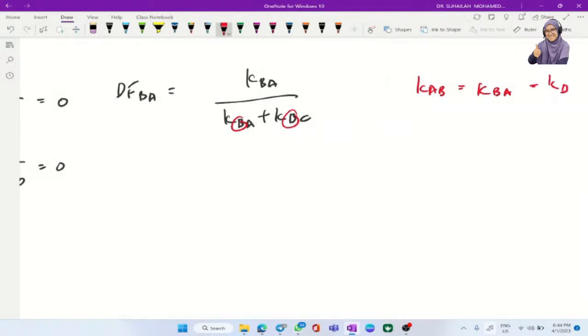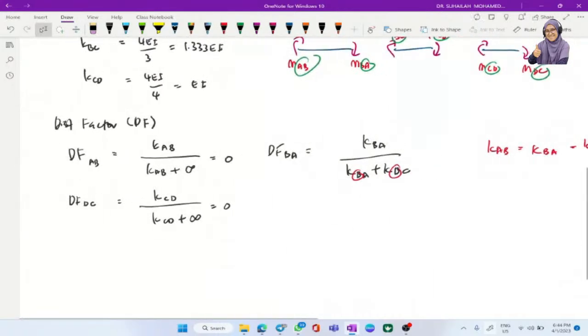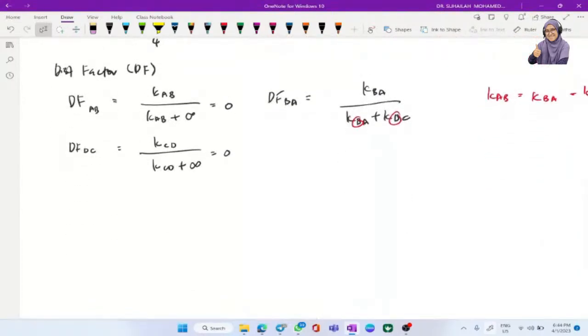So for KBA we use KAB. It is EI. It is EI over EI. Because EI will be cancelled, so we just focus on the numbers.